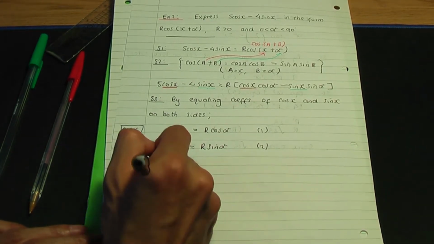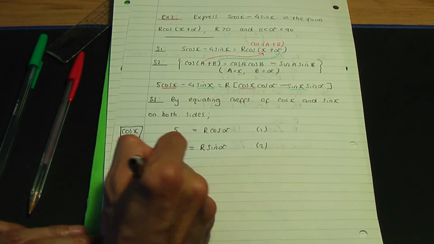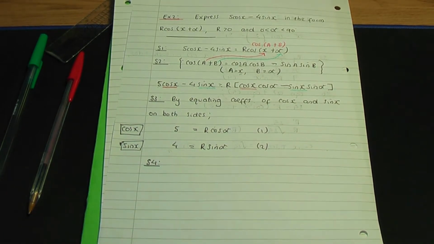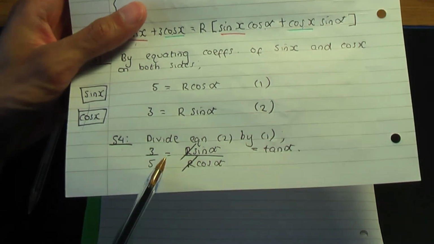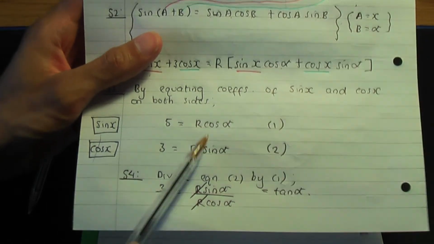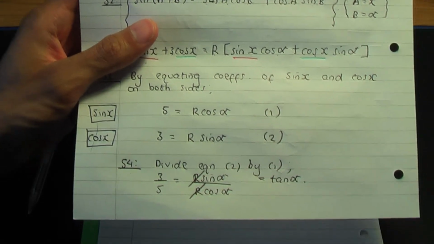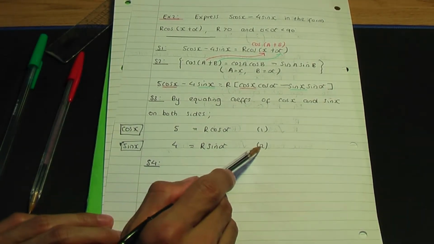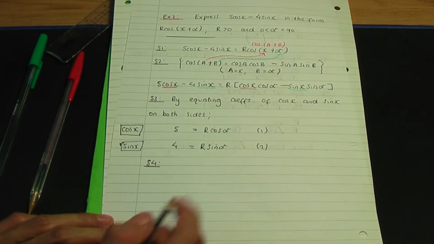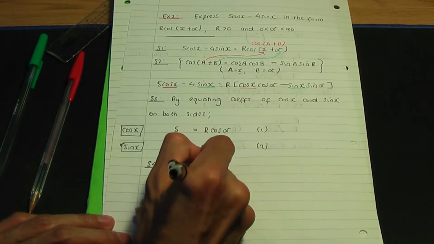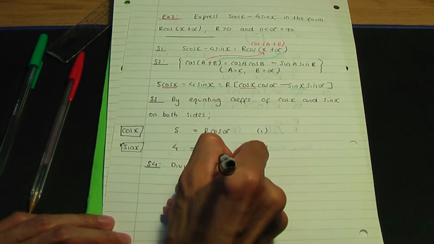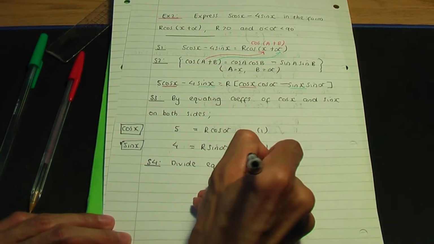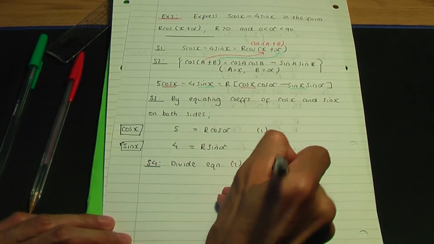So that takes us to the next step, step 4. Remember, step 4 is we need to divide in the order sine over cos. Looking at my two equations, I'm going to divide equation 2 by 1.